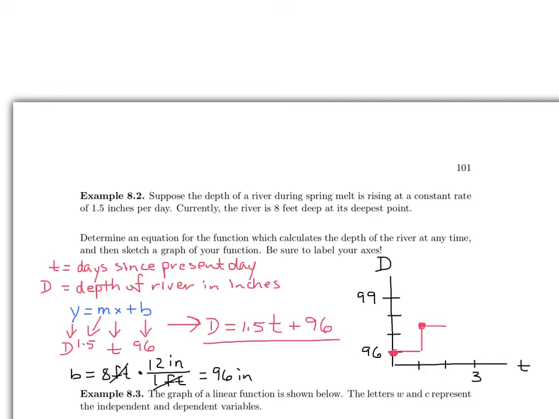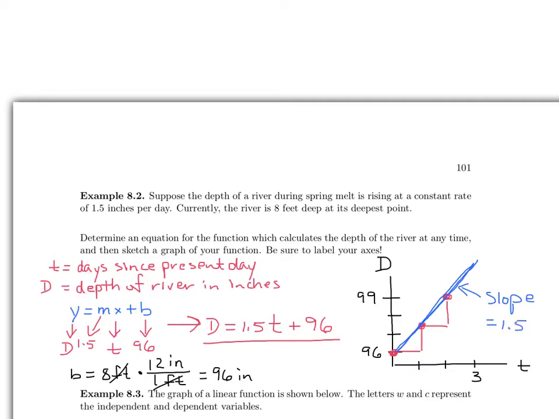If I go out yet another day, the depth of the river will grow another 1.5 inches, bringing us to 99 inches. So you can see the linear trend. The slope of this line is the 1.5.